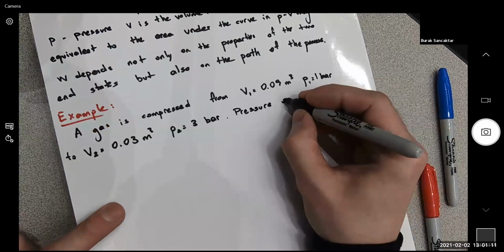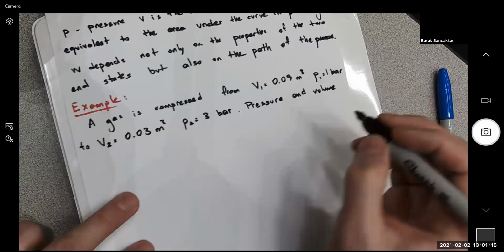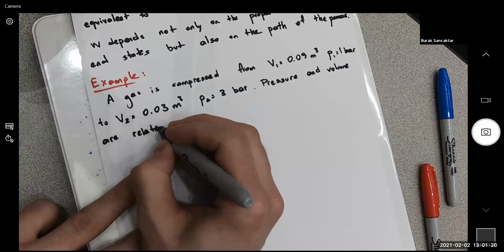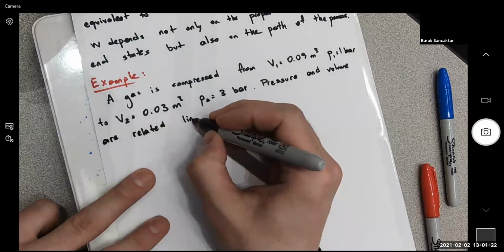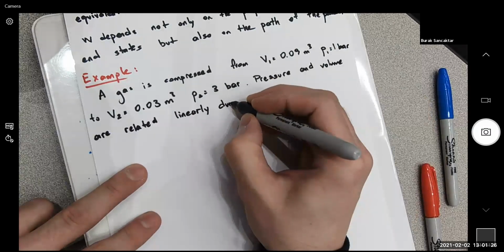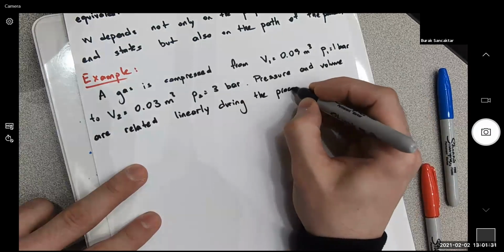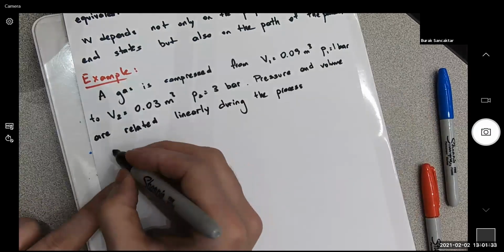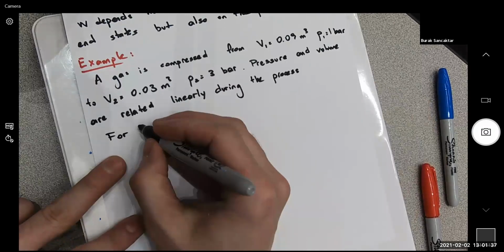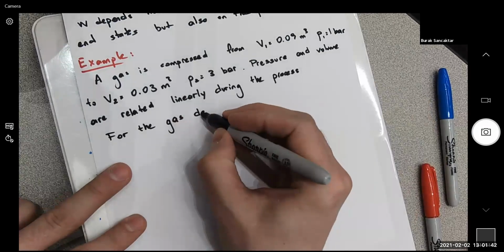Pressure and volume are related linearly during the process. For the gas, thermal.